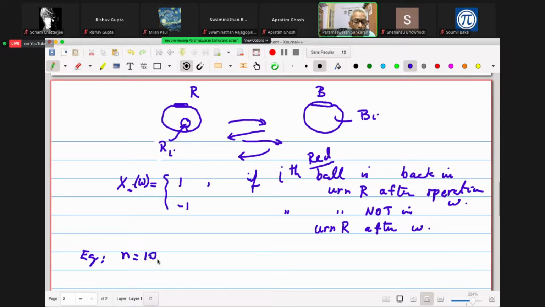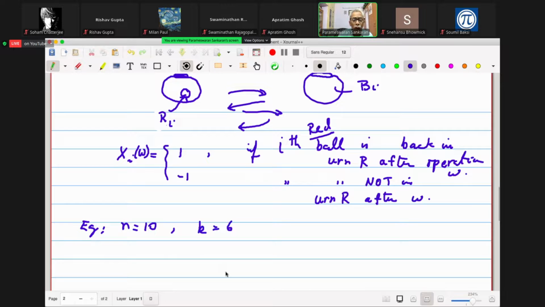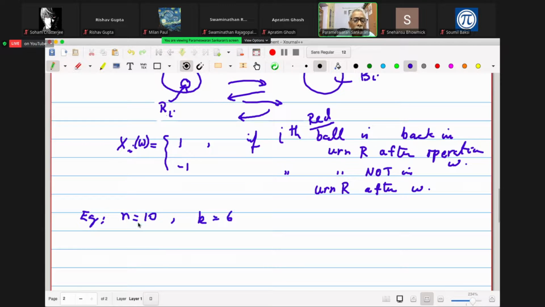Suppose x is equal to 10, n equals 10, and k is equal to, let us say, 6. And what you may have done is you may have transferred. So the operation could be you exchange A3 with B4. This is one transfer, the first transfer.